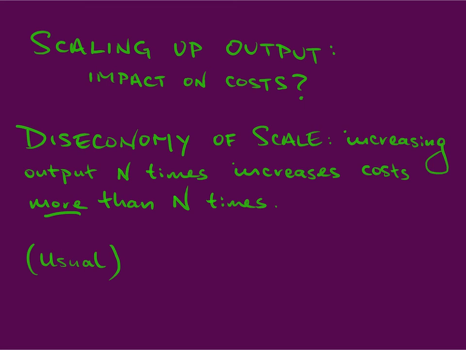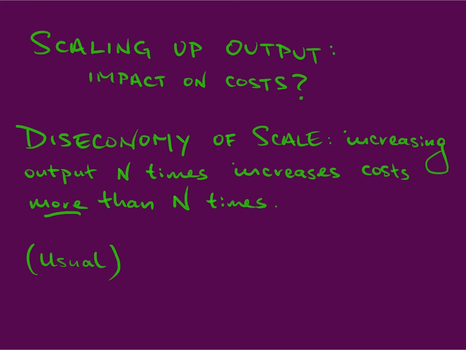To go from one store to two stores, the cost of the store itself is the same, but then the company needs to add a supervisor who looks out over both stores. So that administration that looks out over both stores is a new cost when the business doubles in size, costs more than double.